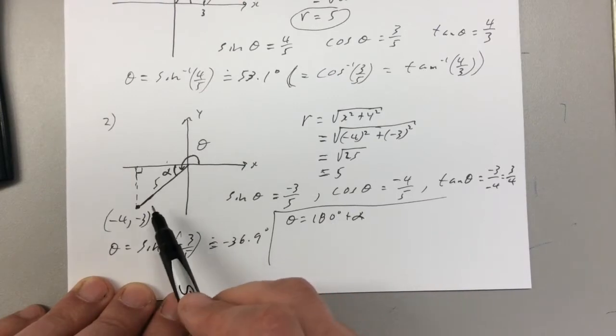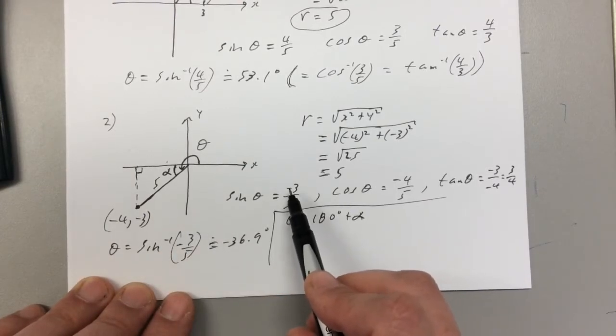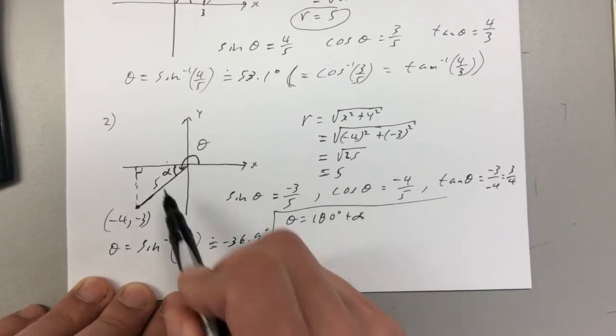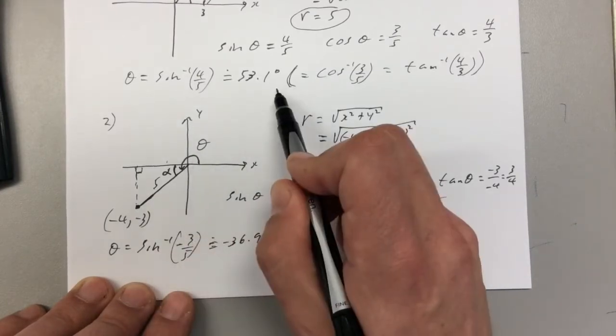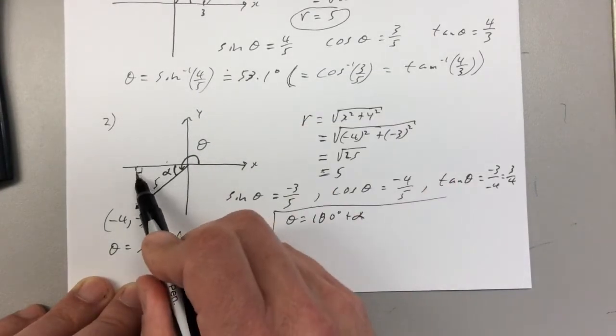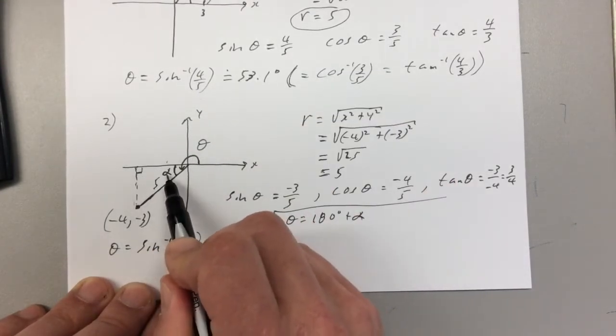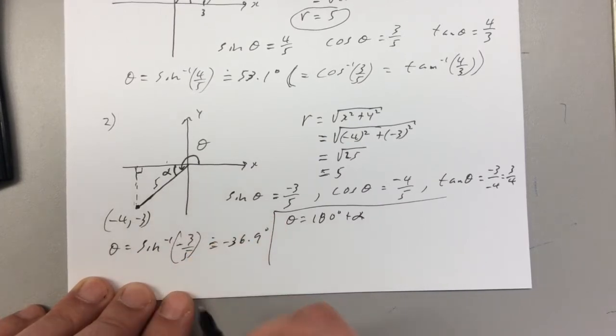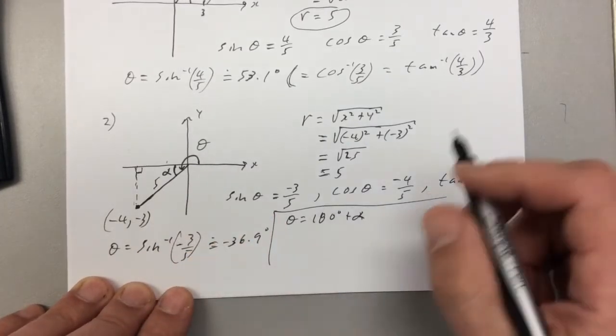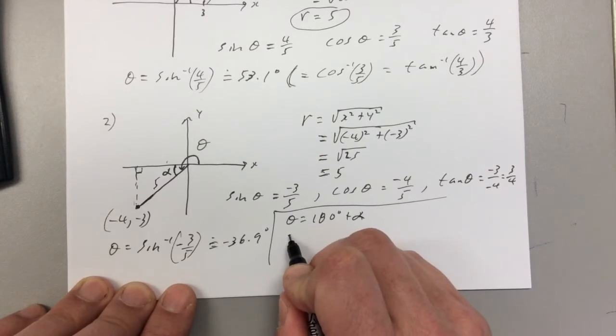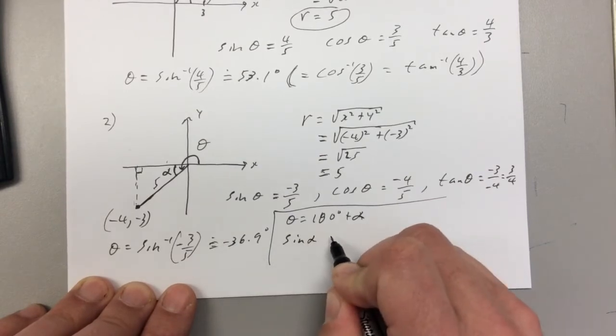And the way we can figure out what alpha is, forget about the signs. So I imagine that this is in the first quadrant. Just forget about the signs and just solve this triangle. Solve for that angle in this triangle as if these are not negatives. Okay? So I can write sine of alpha equals 3 over 5.